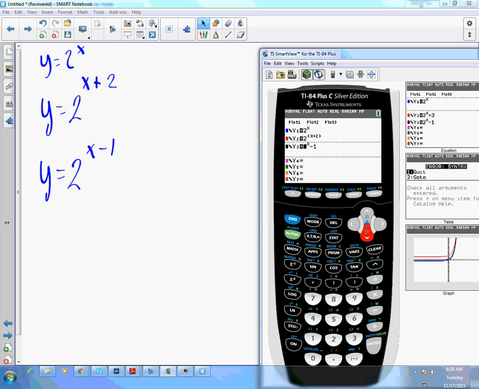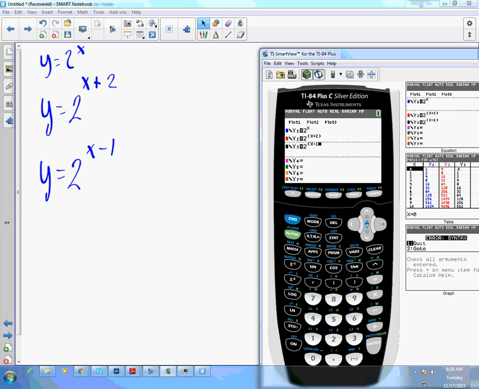Technically, right now I don't have to use parentheses because of my calculator's format, but most of you may have the old versions. So parentheses, x minus 1, so the calculator knows that both of these are in the exponent. Oops, I missed my parenthesis, so I can insert a parenthesis. Now it's ready, press graph.